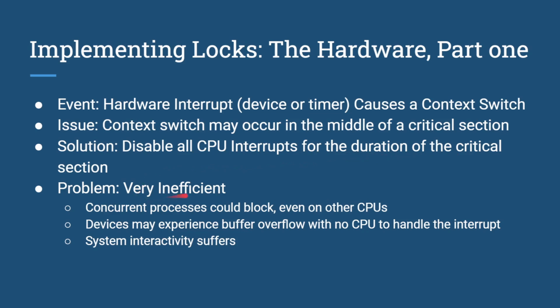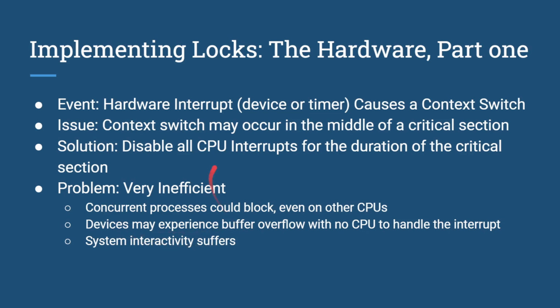This is horribly inefficient, especially the way some programmers write code where they'll do entire loops inside of a critical section. And when we disable interrupts, that's everything. That includes hardware interrupts, that includes timers, that's your mouse, your keyboard, your hard drive, your network device. This can really hamper system interactivity significantly.